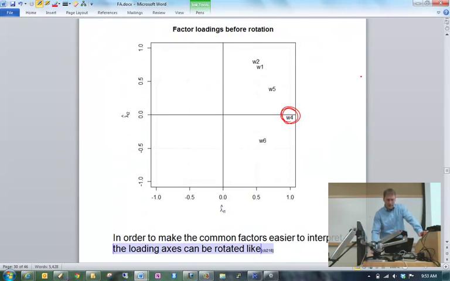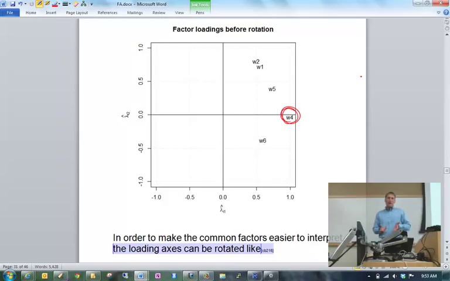But, unfortunately, this easier interpretation only comes with W4. What would be nice is if maybe there was some way we could adjust these factor loadings so we have more of these easy interpretations.